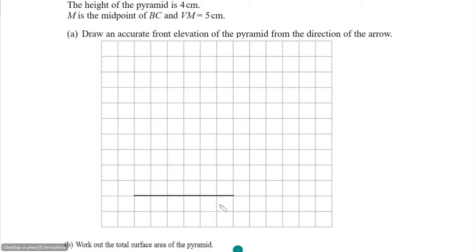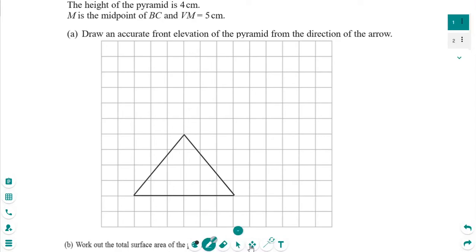And then the height is 4, so I go up 1, 2, 3, 4. Okay, and I go also from here, that's also 4. So this is the front elevation.